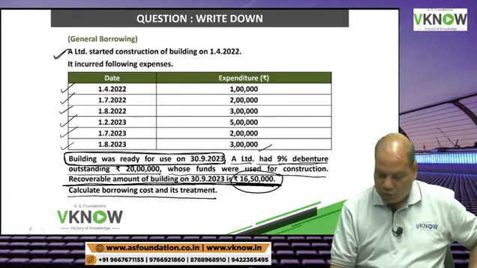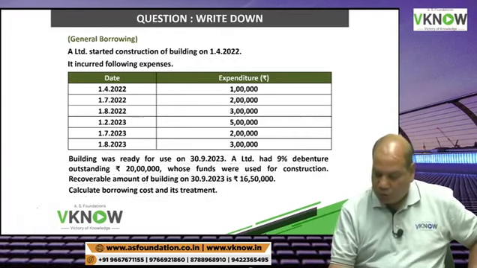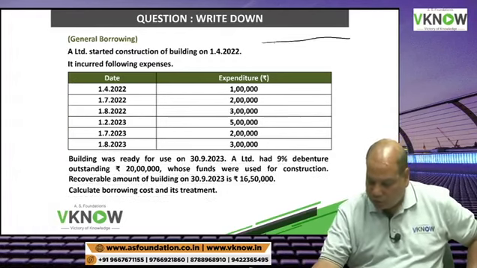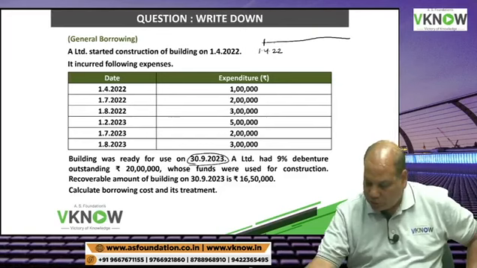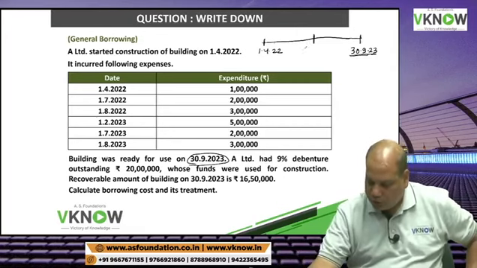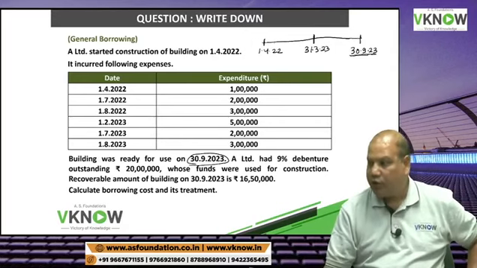Now you see this question again. The construction started on 1/4/22, but the construction was completed on 30th September 23, which means there is one year ending date which will also come, 31st March 23.